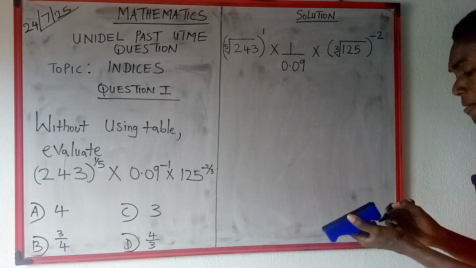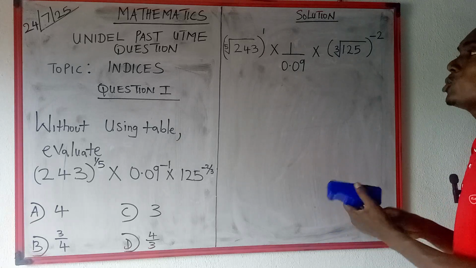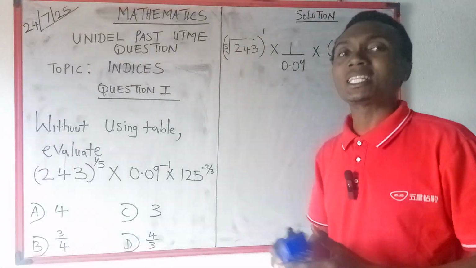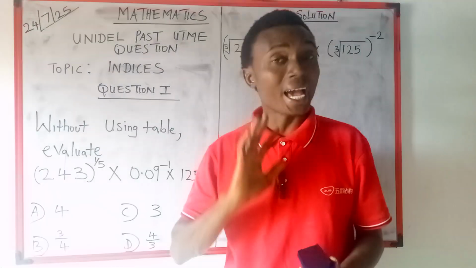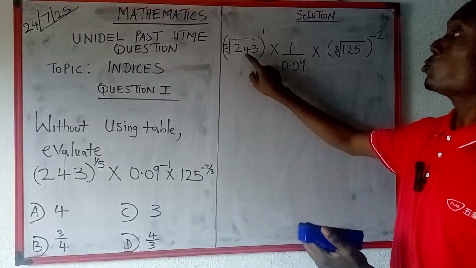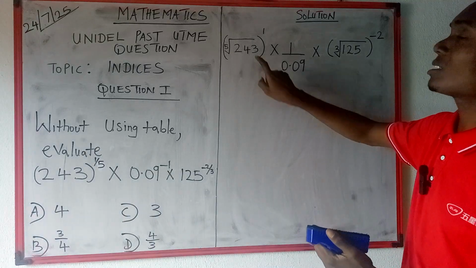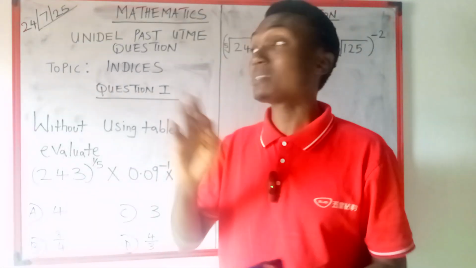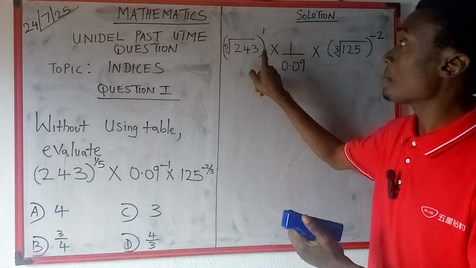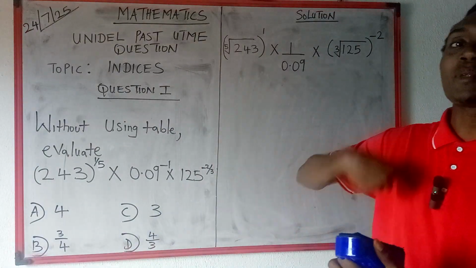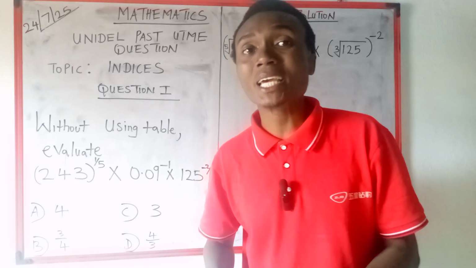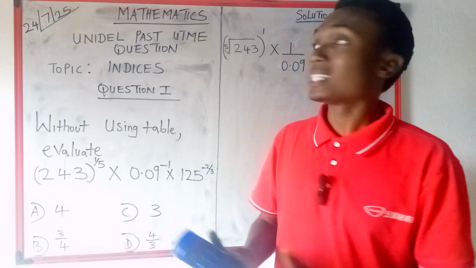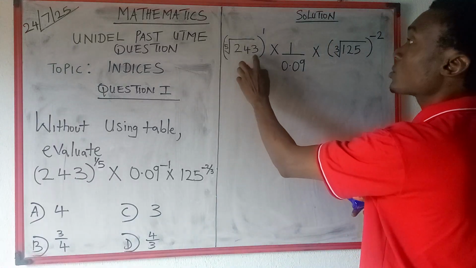Now, what is the meaning of this fifth root? It means you look for a number that you multiply 5 times that will give you 243. What is that number? You multiply it 1, 2, 3, 4, 5 times, that will give you 243.